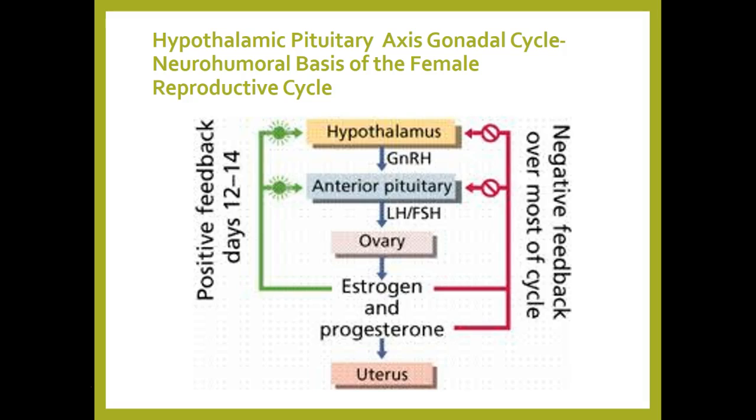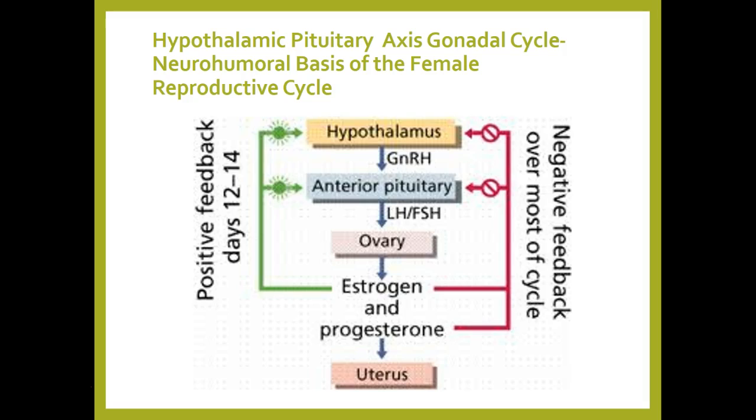So there you can see, as those two hormones work on the ovary, the ovary will produce estrogen and progesterone. And then those two hormones work on the uterus. This is all a negative feedback system. So depending on what is happening with the hormones, there is some negative feedback that happens over the majority of the reproductive cycle.